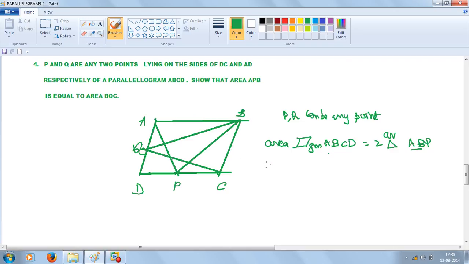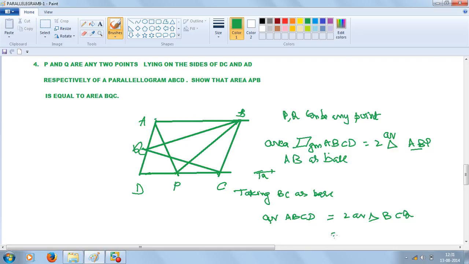In the first problem you took AB as the base; in the next problem, taking BC as the base, the area of the parallelogram ABCD is equal to twice the area of the triangle BCQ.